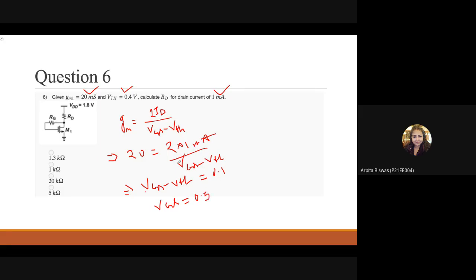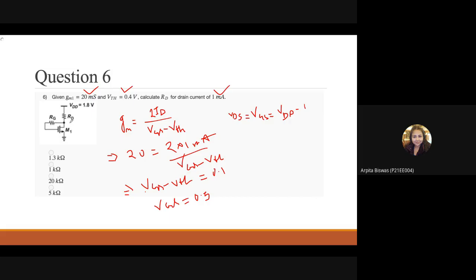So now here you can see from the circuit that VDS equals VGS. Is this right? We have to take VDS equal to VGS, equal to VDD minus ID RD. Ma'am, VDS is equal to VGS plus ID RD? Can we take that formula? I'm just taking the value of this VGS.